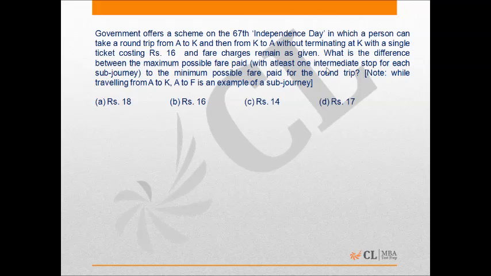And then what is the difference between the maximum possible fare paid with at least one intermediate stop for each sub journey to the minimum possible fare paid for the round trip? Note, while traveling from A to K, AF is an example of a sub journey.